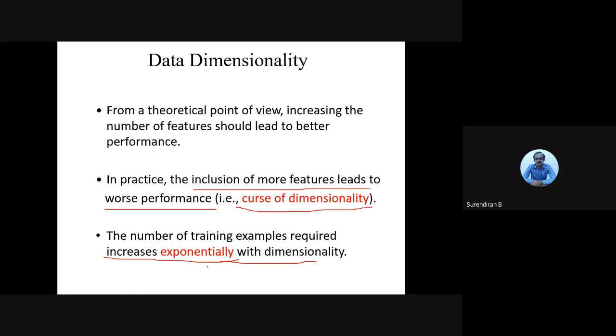So we need to have a lesser number of dimensions. That is our objective, so that we get better classification accuracy and other performance. That's why we go for dimensionality reduction methods.